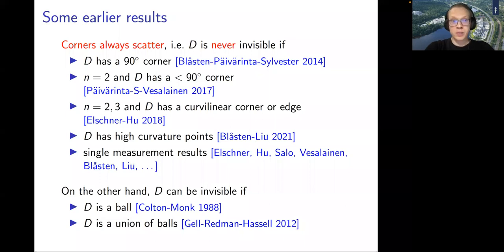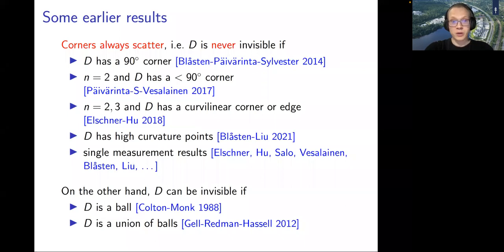There have been many subsequent works. For instance, if n is equal to 2, with Päivärinta and Vesalainen, we show that any corner which is less than 90 degrees will always scatter. These two works and many others are based on using complex geometrical optics solutions, which is a popular method in the Calderón problem, and some analysis of Laplace transforms.